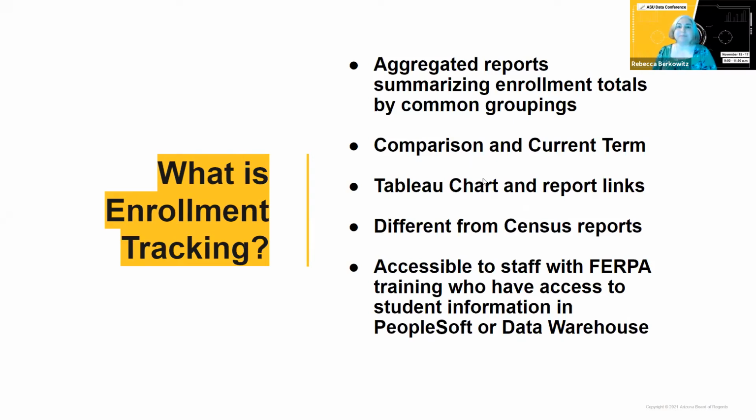The enrollment reports and enrollment tracking reports are accessible to staff with FERPA training who have access to student information in either PeopleSoft or Data Warehouse. Note that the enrollment tracking reports are in the Enrollment and Records group in Analytics.